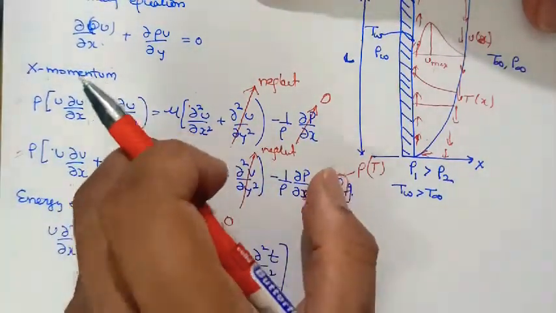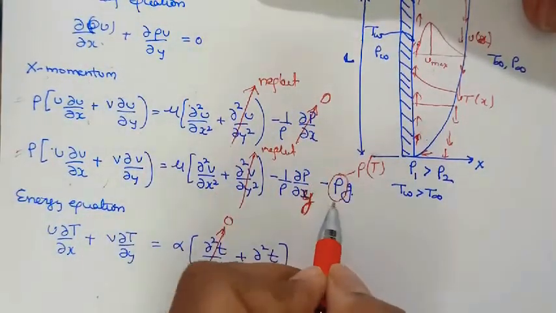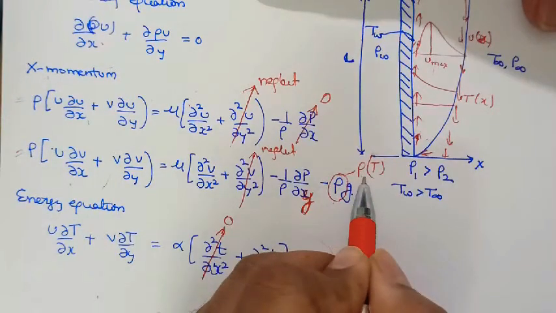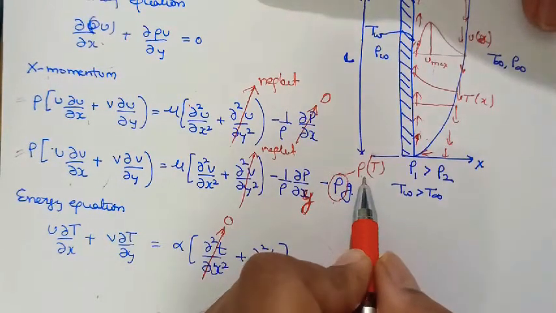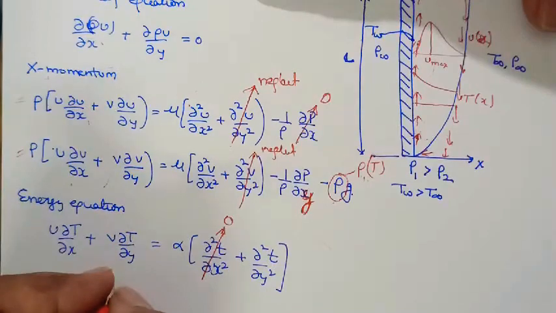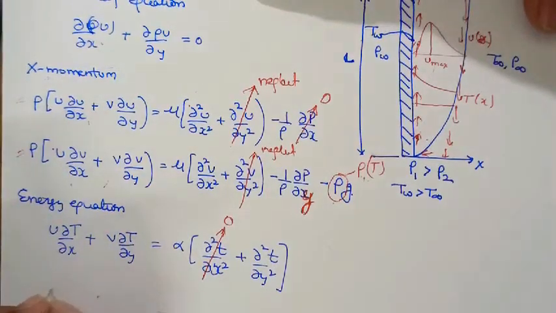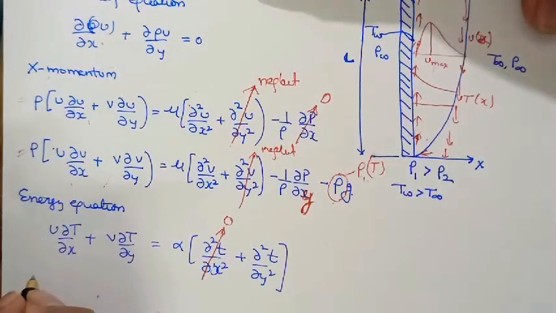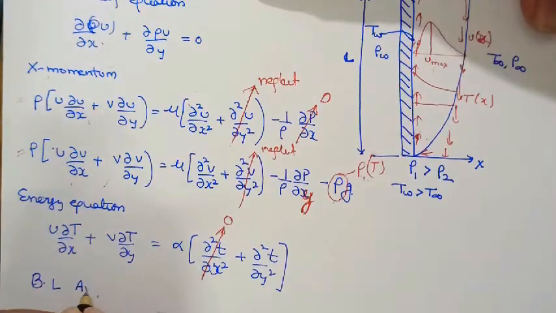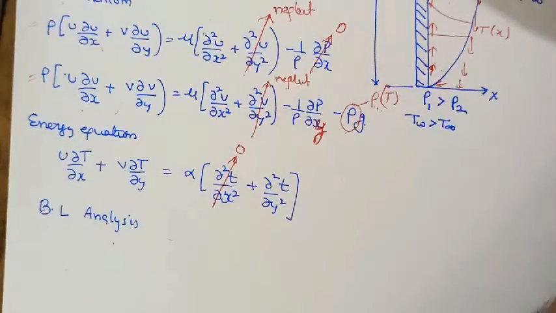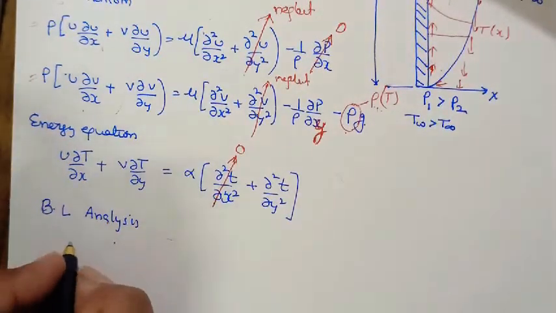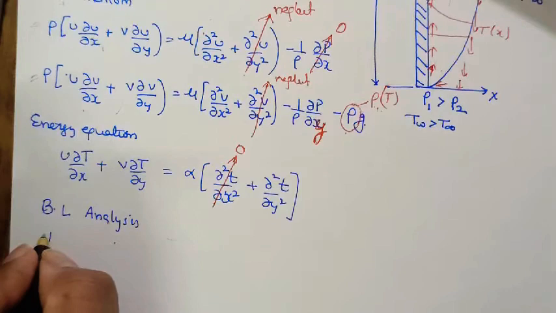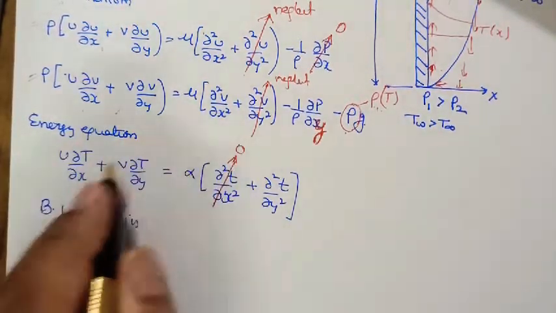This has a direct role in this because this rho is a function of temperature, right? So for this, what we have to do? We have to do the boundary layer analysis. Right? And to solve this, we have to simplify this equation.